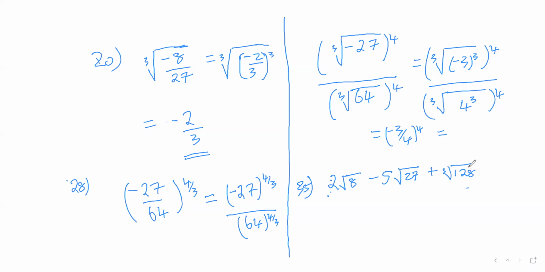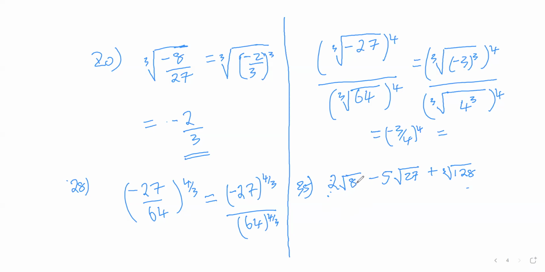And we want to evaluate this using our laws of exponents. So again, I'm trying to simplify here. 8 is not a perfect square, so it will be difficult for me to find the square root of 8 without using a calculator.